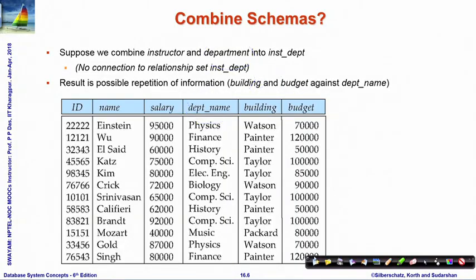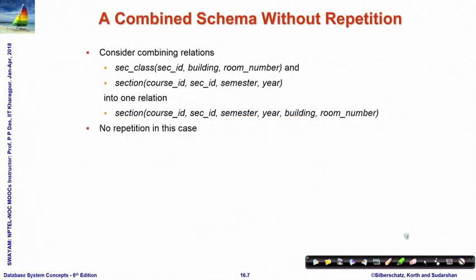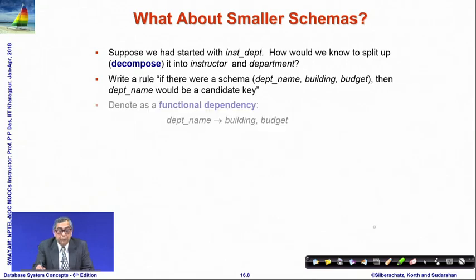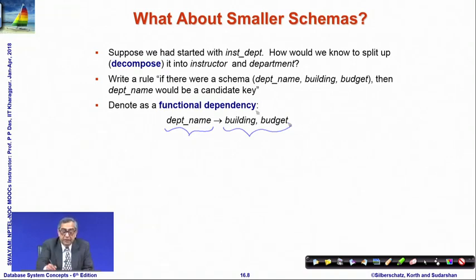So, they are distinguishable completely by that. So, let us see what is the consequence of this. We write it as a rule that if there is a schema department name, building, budget, then department name would be a candidate key. And we write this observation that if two records match on the department name, they must match on the building and budget, and very loosely, we will come to the formal definition, we call this the functional dependency.